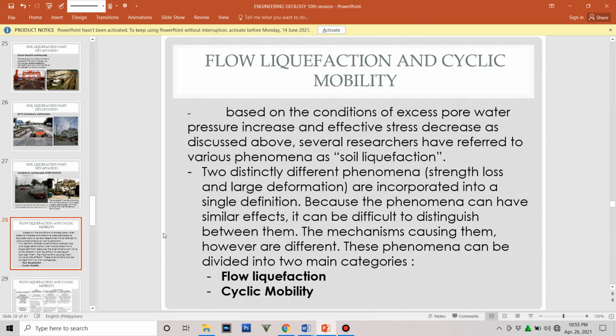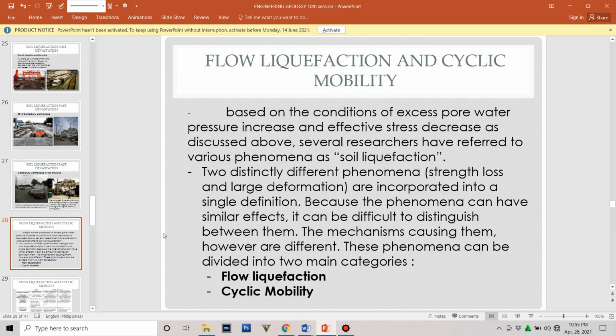So we can see here now that based on the conditions of excess pore water pressure increase, kapag tumaas yung pore water pressure, hindi maganda kasi bababa yung effective stress. Okay? So ito yung tinatawag na soil liquefaction.